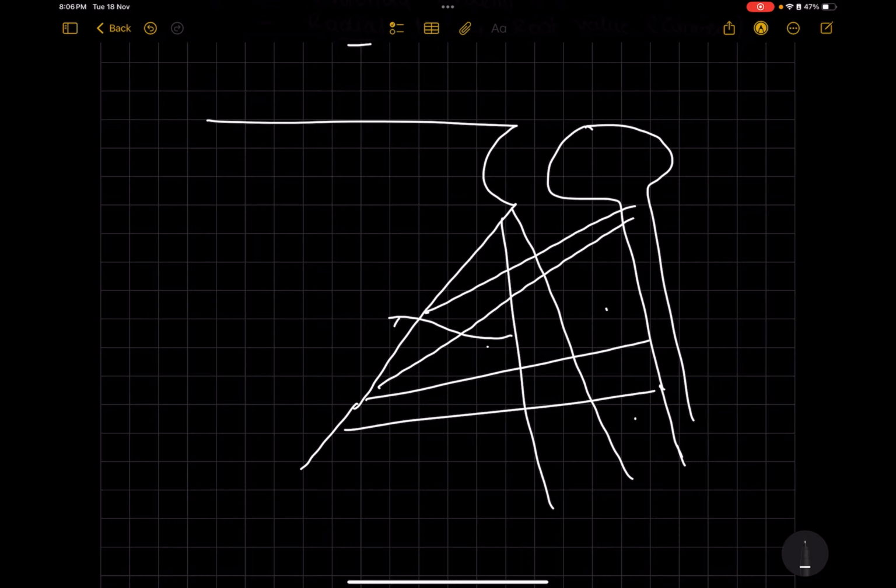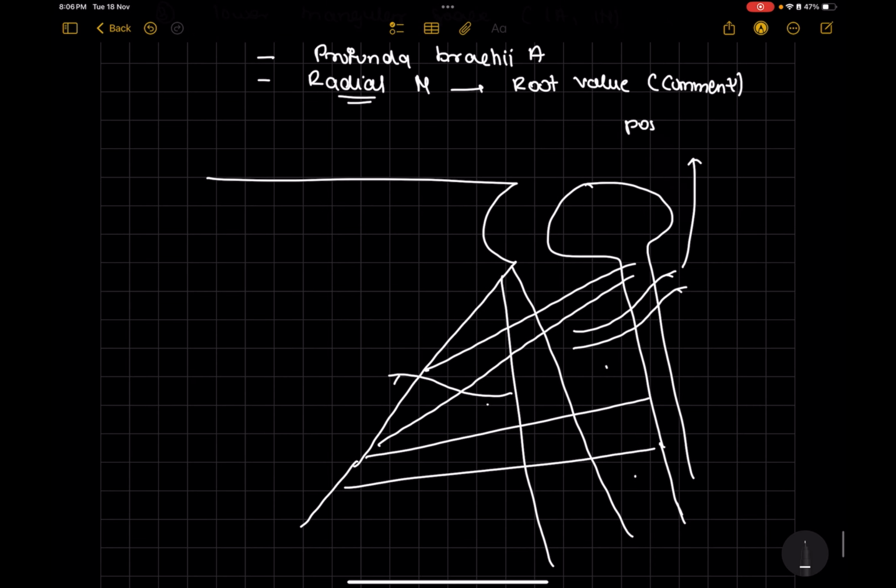Now moving to the quadrangular space. In the quadrangular space, you have your posterior circumflex humeral artery and you have your axillary nerve. This is your posterior circumflex humeral artery and this is your axillary nerve.